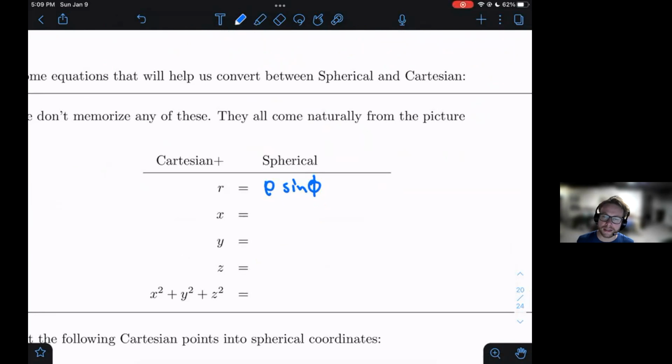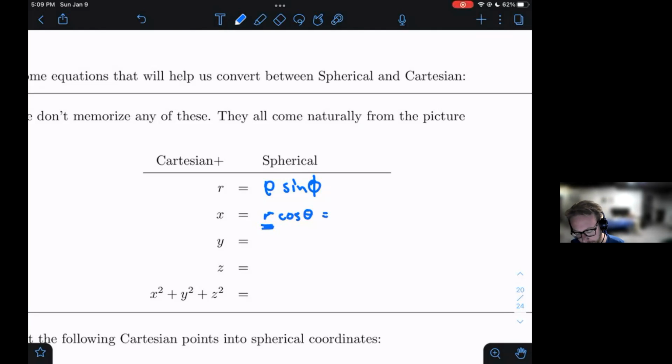X, if we were to put this into cylindrical coordinates, this would be r cosine theta. Now remember, in spherical, we're not allowed to have an r. We're supposed to have rhos, thetas, and phis, right? However, we know how to convert r into rhos and phis.